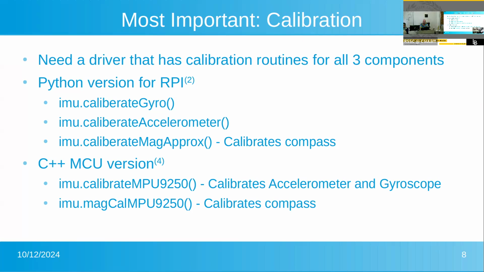For the Raspberry Pi, I have a Python driver. It has these routines to calibrate the different components. Calibrate gyro, accelerometer, and the compass. And the MCU version in C++ has the same thing. It's just one routine that does all of them in the first place.